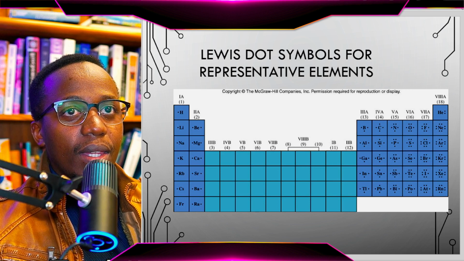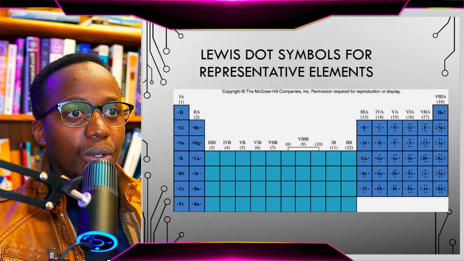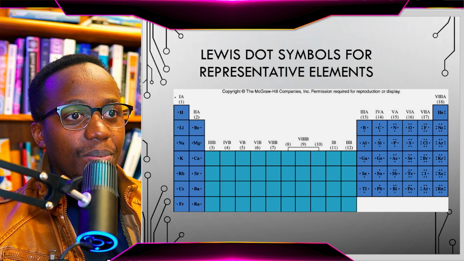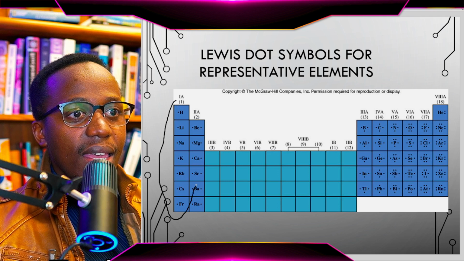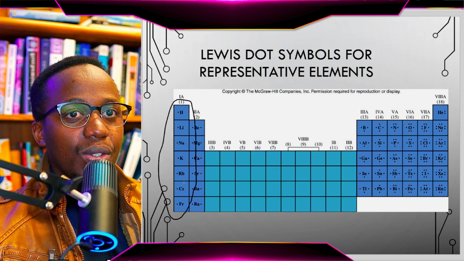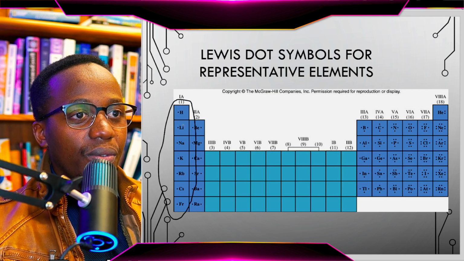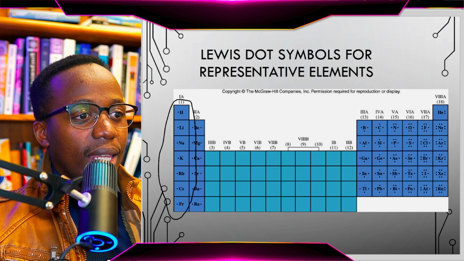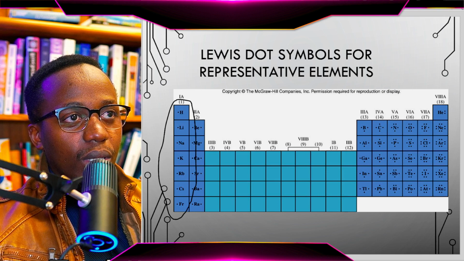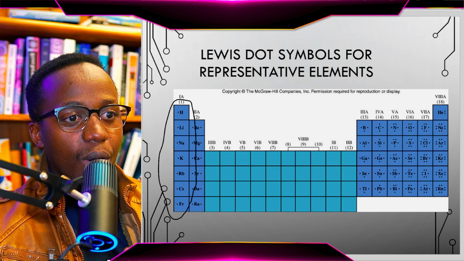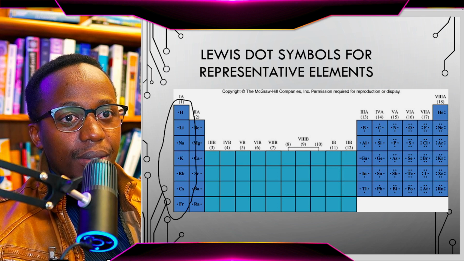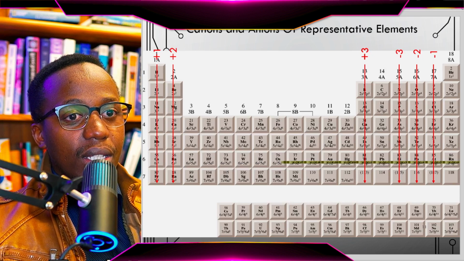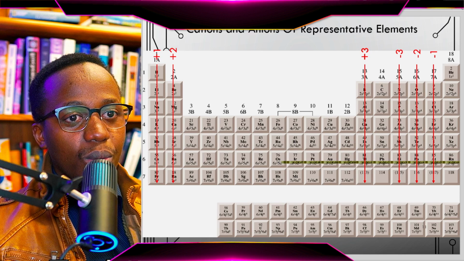So this right here is going to give away 1 electron. That's why it becomes H+, because they give out 1 electron. And so on and so forth. 2 electrons, 3, 4, 5. So this is where it comes from. The Lewis dot structure, right? And it gives you the charges, and then these charges are going to give you the cross rule.